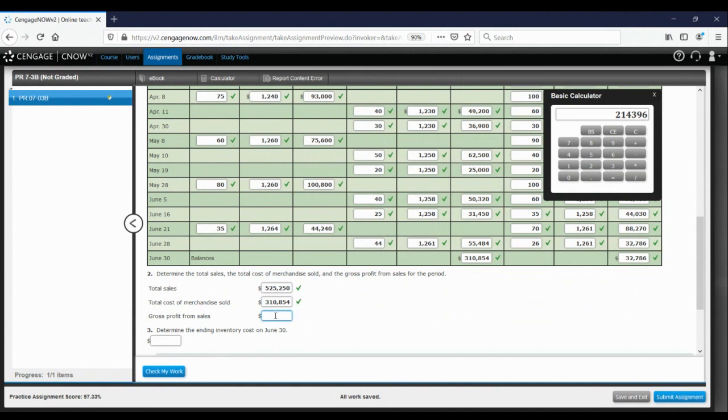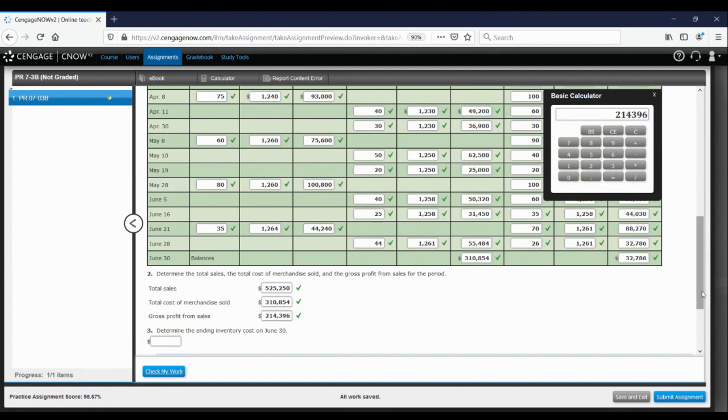That will leave us $214,396, which is left to cover our operating expenses. This gross profit is found on the income statement.